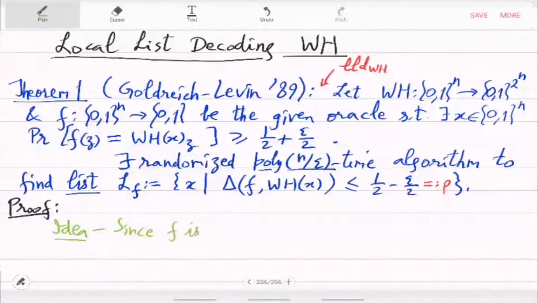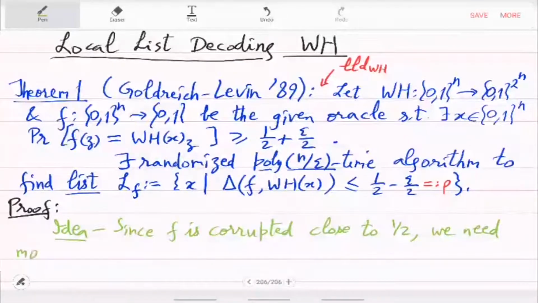So f is corrupted close to half, we need more than 2 queries. And x is not unique.